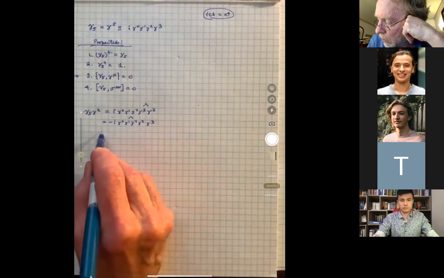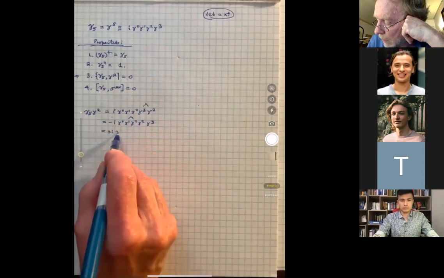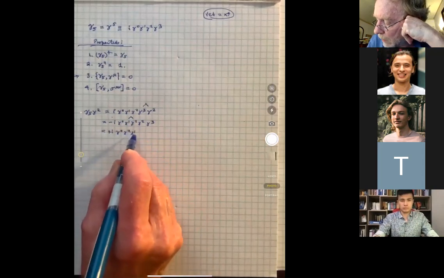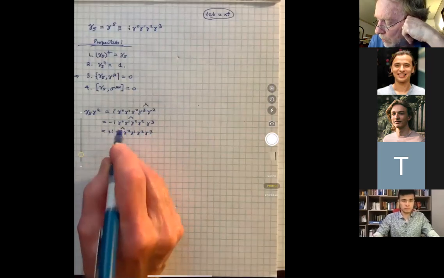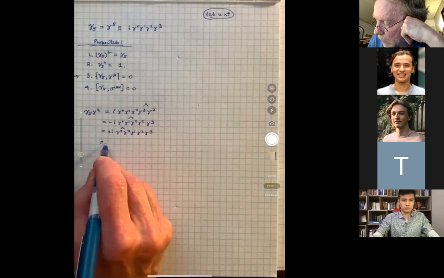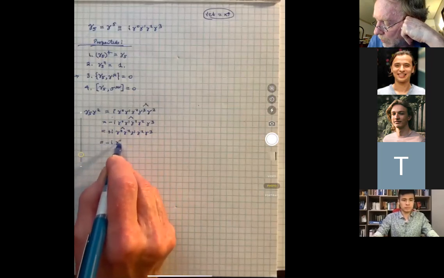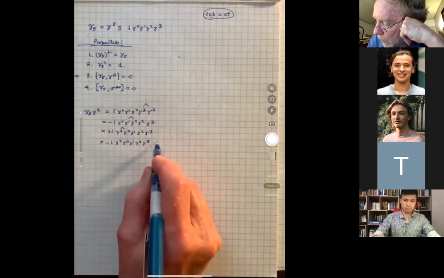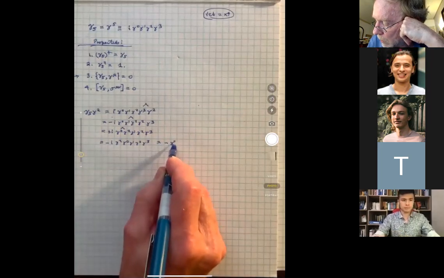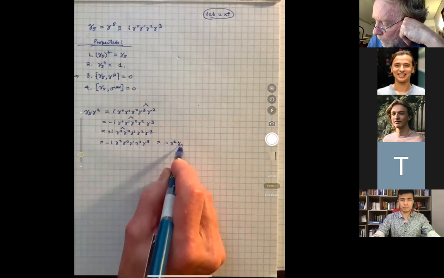The gamma 1 and gamma 2 anti-commute, so it becomes plus i, gamma 0, gamma 2, gamma 1, gamma 2, gamma 3. And then the gamma 0 and gamma 2 anti-commute, and so this becomes equal to minus i, gamma 2, gamma 0, gamma 1, gamma 2, gamma 3. And you can see that this is minus gamma 2 times gamma 5.